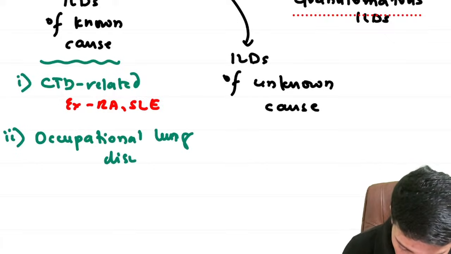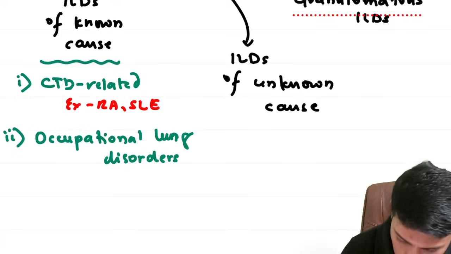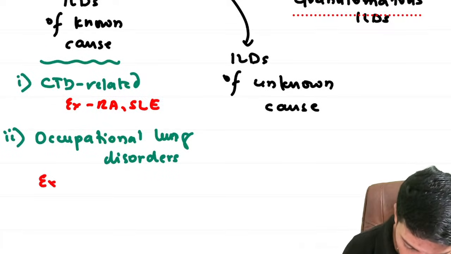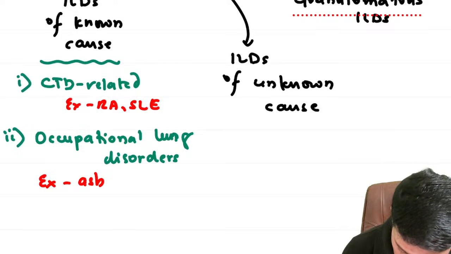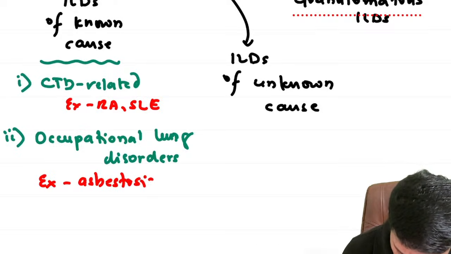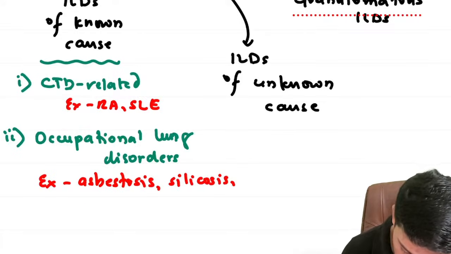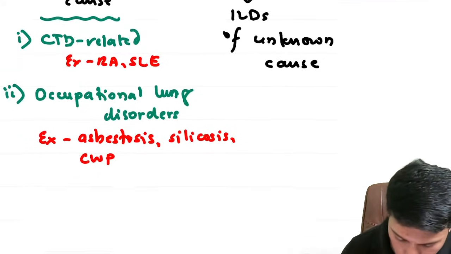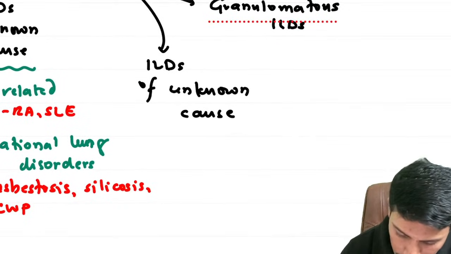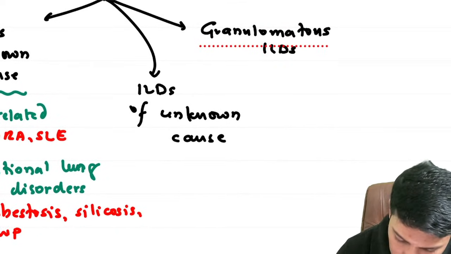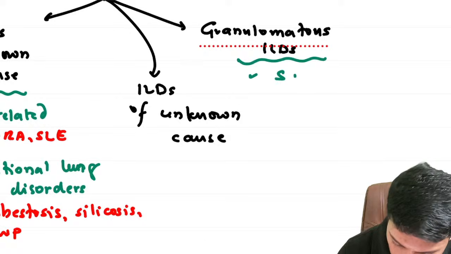Here you can mention the example of asbestosis, silicosis, and coal workers pneumoconiosis. Then in the granulomatous, just mention sarcoidosis.